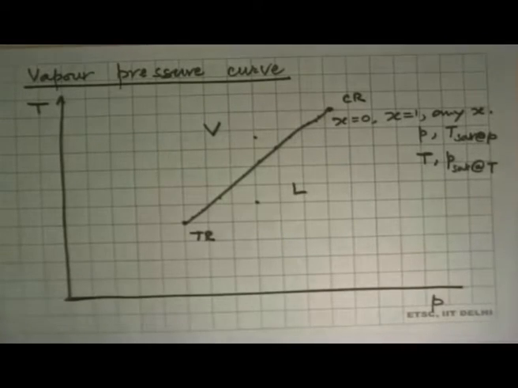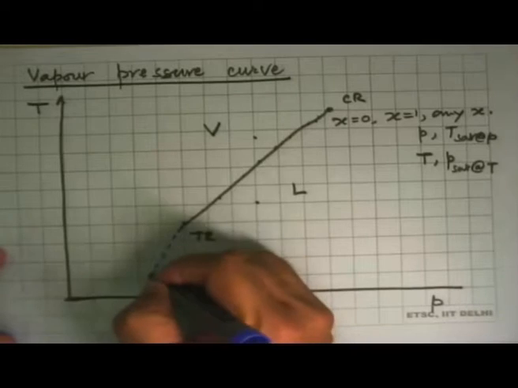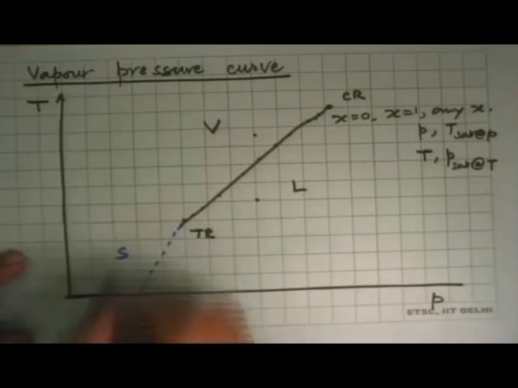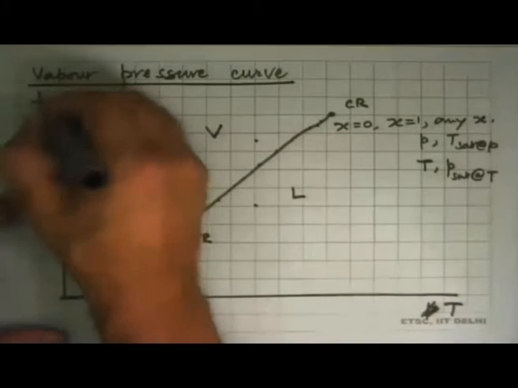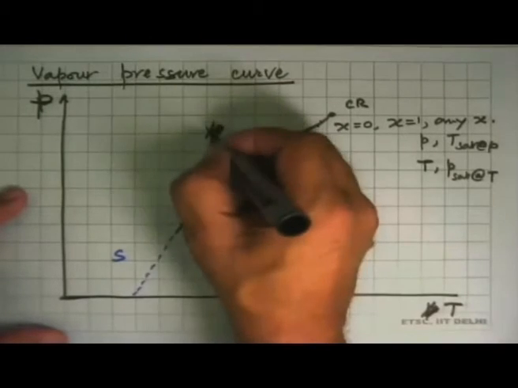Now one goes below this, we start seeing another line, and you start seeing on this side formation of solid. This is temperature, this is pressure, and this will be vapor, this is liquid.